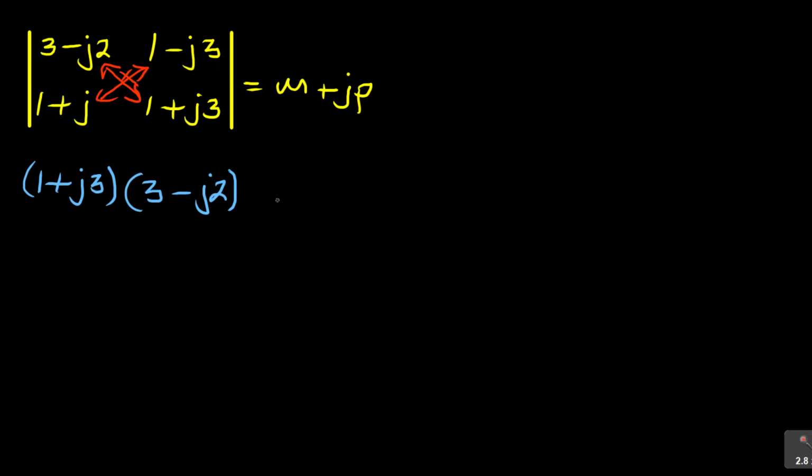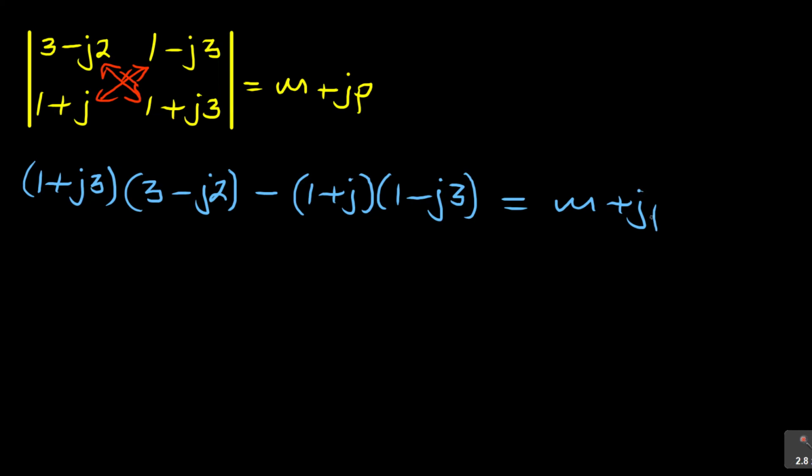And then I'm going to subtract 1 plus j multiplying 1 minus j3. After evaluating, remember, it's a simultaneous equation, it will be equal to M plus jP. You see that? And after that, that's how I'm going to be solving that.